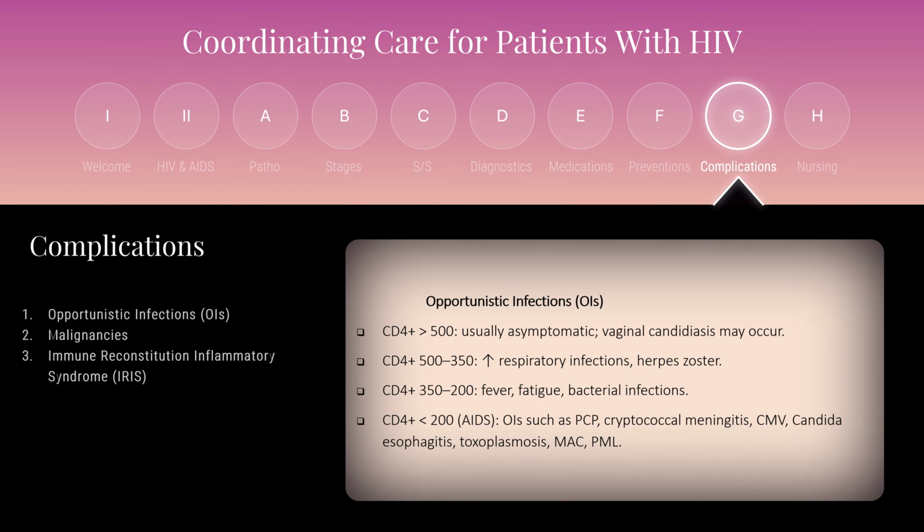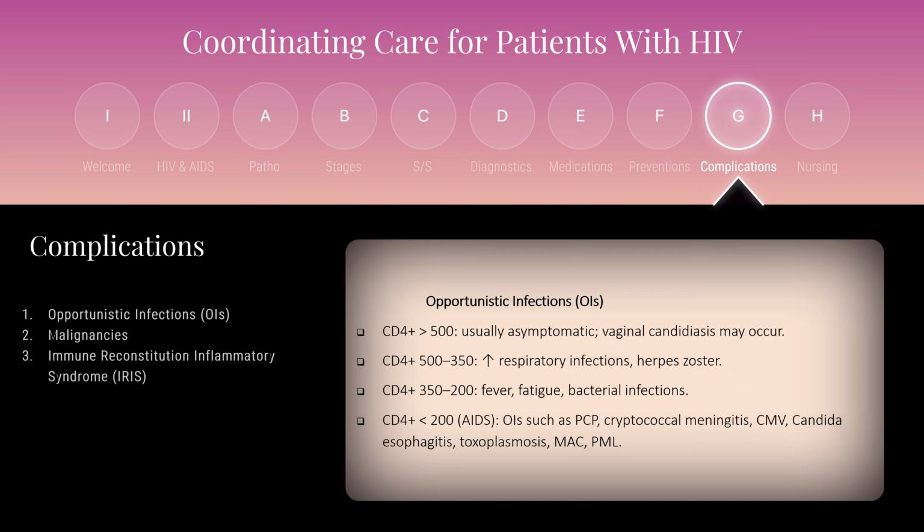We have complications. We talked about opportunistic infection. So the CD4 more than 500, usually asymptomatic. Vaginal candidiasis may occur.